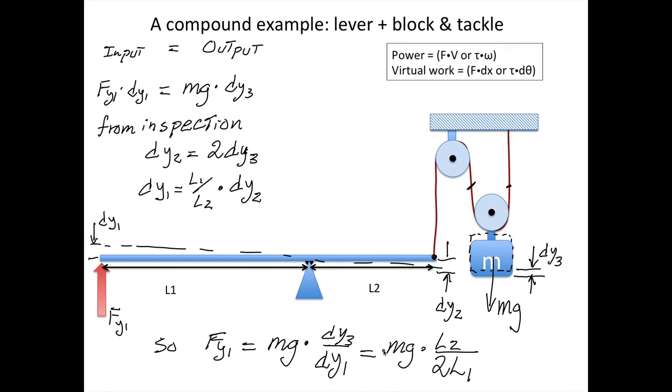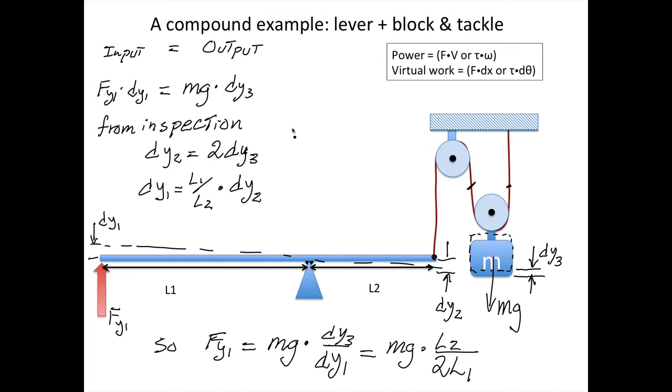So this is a useful machine, because if we have a fairly heavy weight, we get to multiply it by the ratio of L2 over L1. L1's bigger than L2, and we have a factor of 2 in the denominator, so we don't need as much force out here as we need to lift the weight directly.